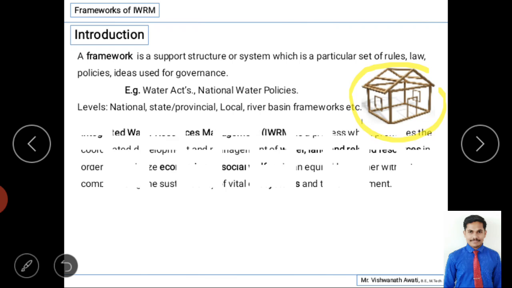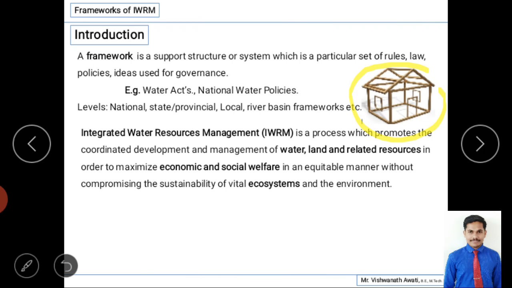Now we will see why legislative and organizational frameworks are needed. You see the definition of integrated water resource management.